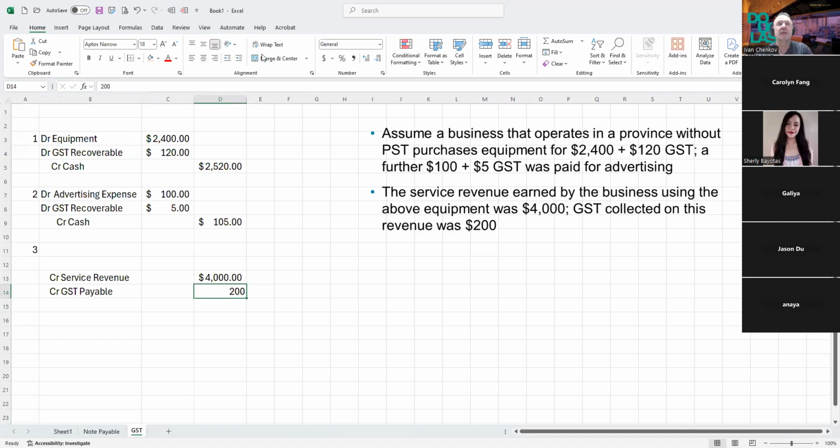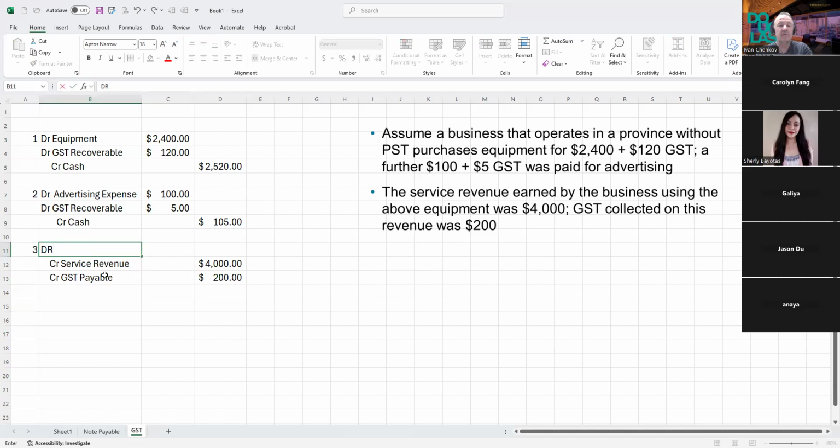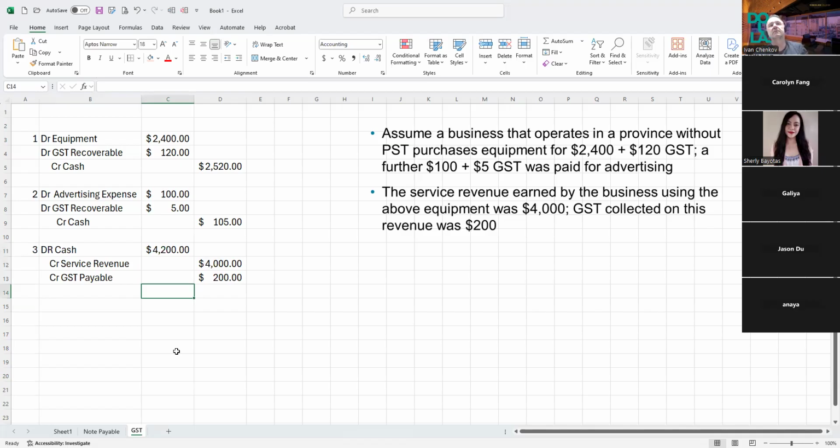So how much does the client have to pay us? How much cash do we have to get? And we get cash of $4,200. Now, at this point, no more transactions.